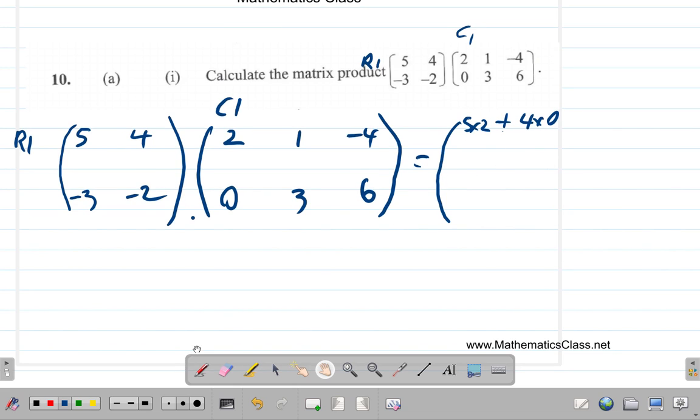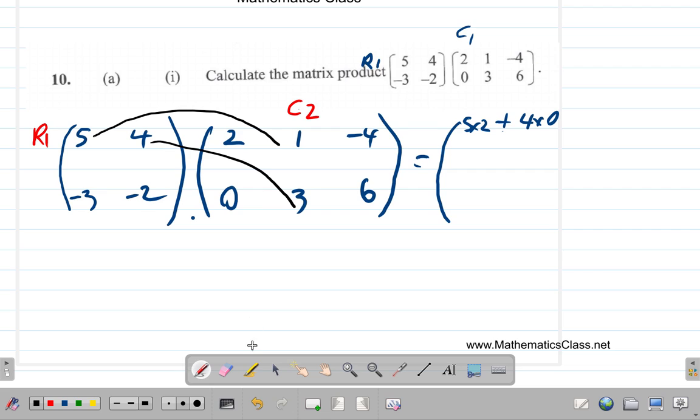Then, row 1, column 2 now. So you're going to concentrate on column 2. This is row 1 times column 2. The first element, multiply 5 by 1, plus the second one, 4 by 3.